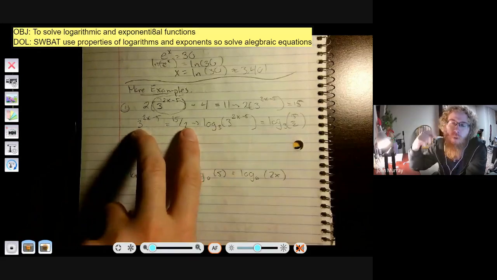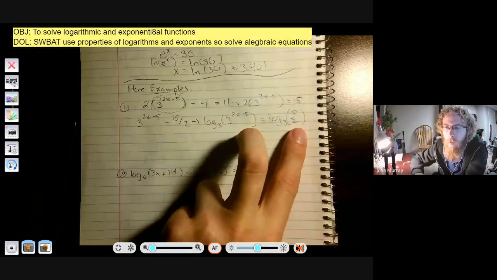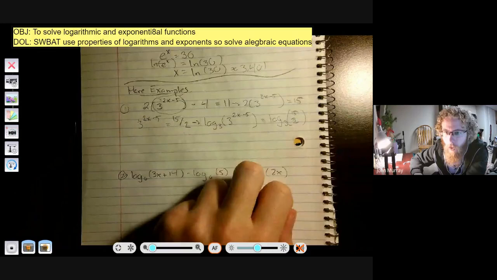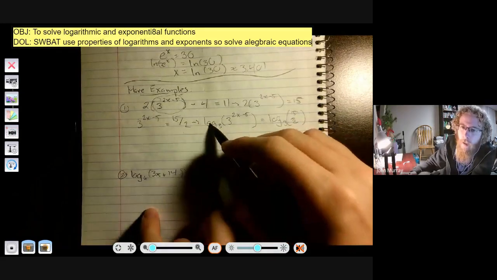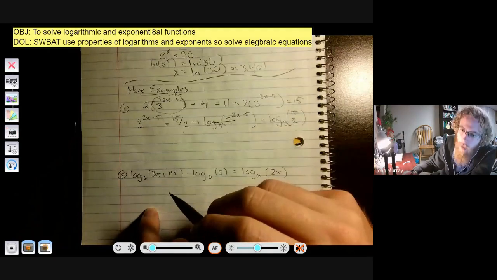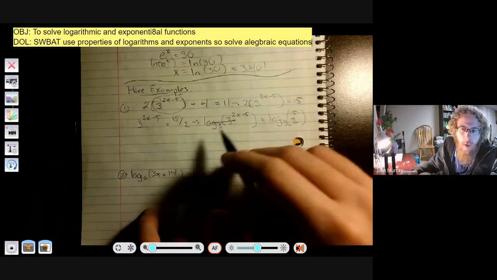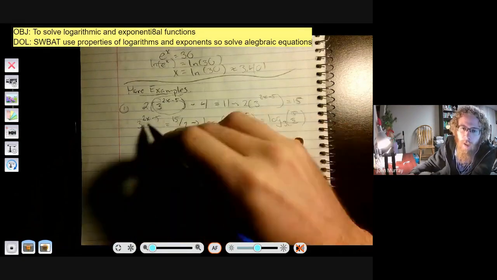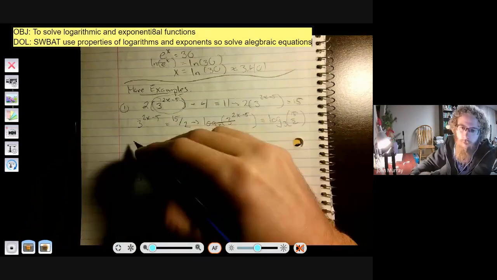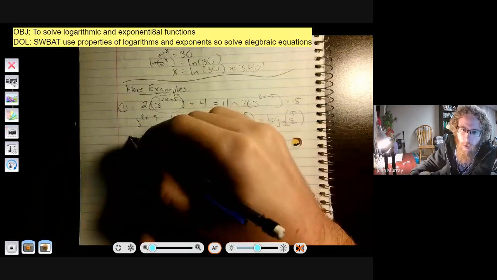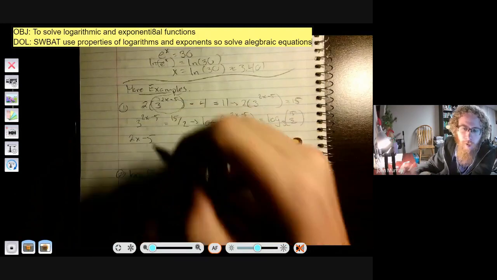Whatever I had originally goes in the parentheses. So on our left side, the log base 3 and the 3 cancel each other out. They don't technically cancel, right? We use our properties. I bring this out to the front, and then log base 3 of 3 is 1. So we're just left with 2x minus 5.